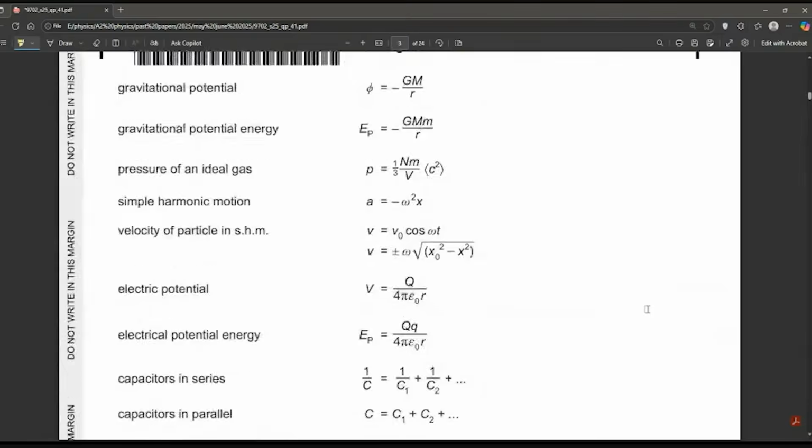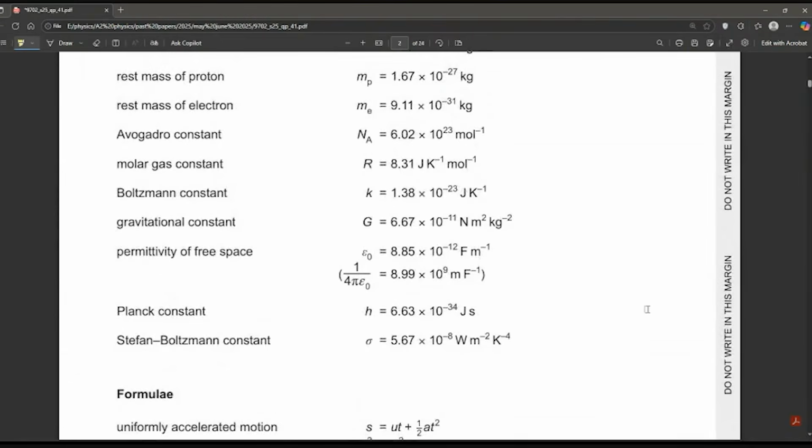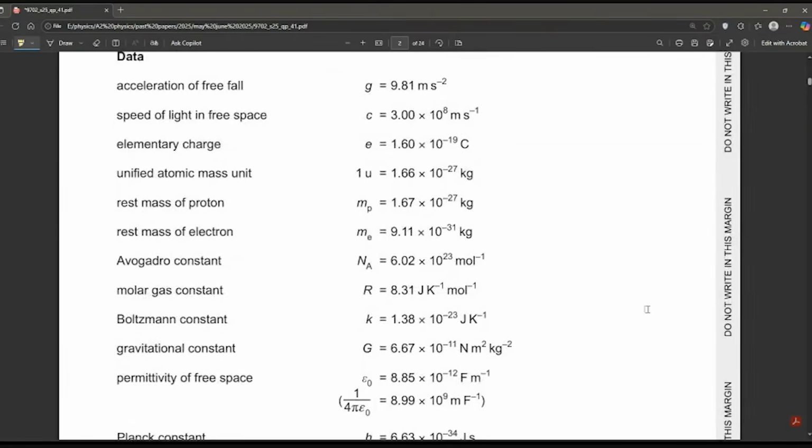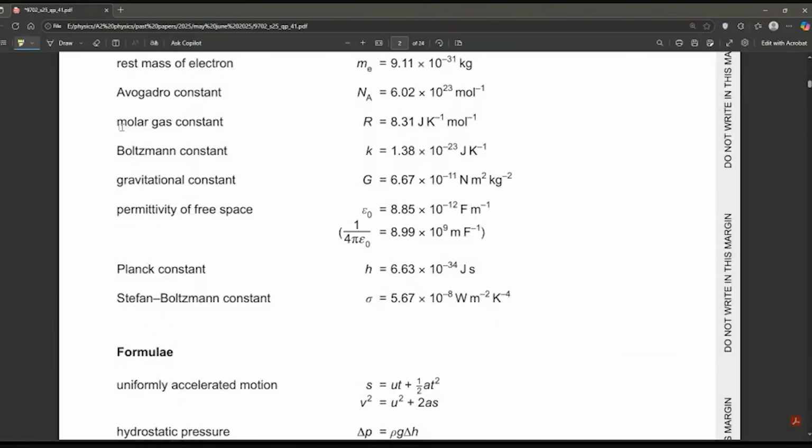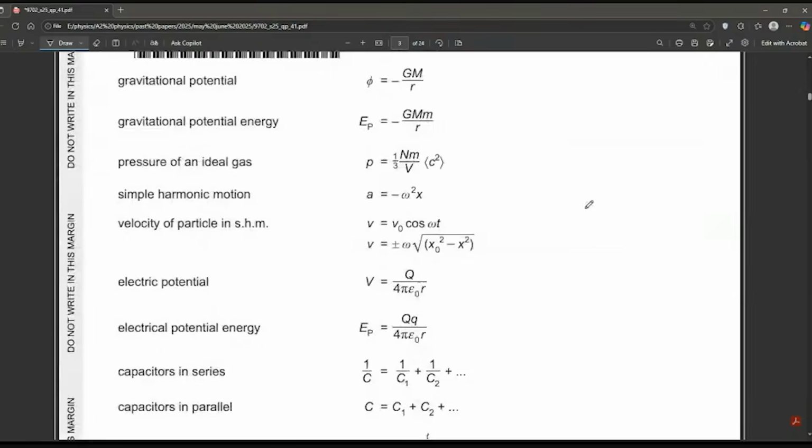If I go to the top, the value of E naught is written here. One second. Yeah, here we have it. E naught is 8.85 into 10 raised to the power of minus 12. If you forget it, you can copy it from here.